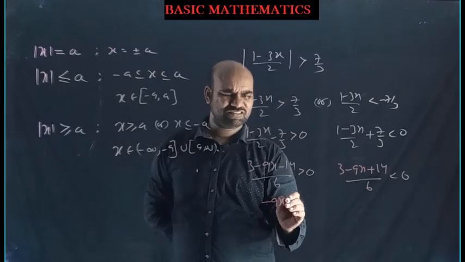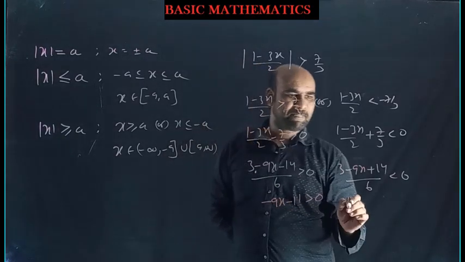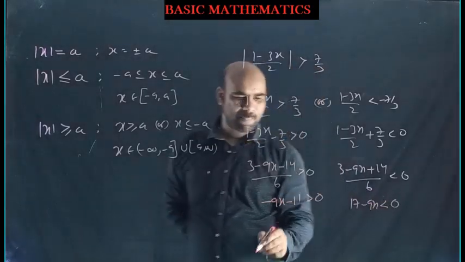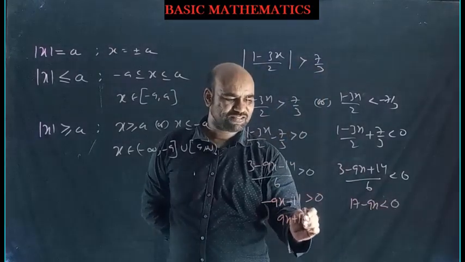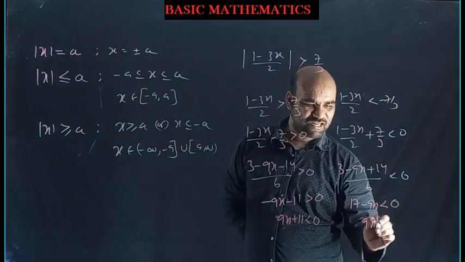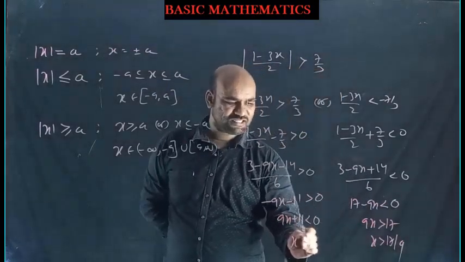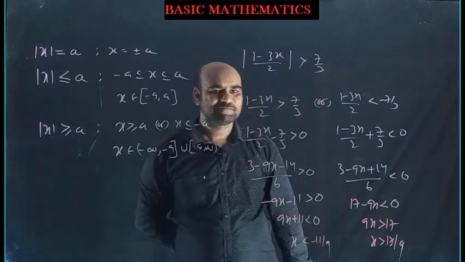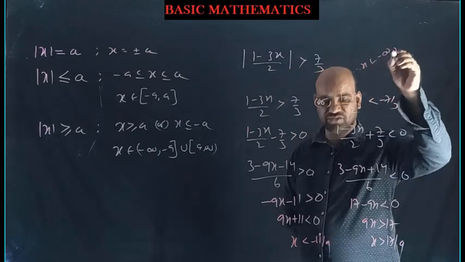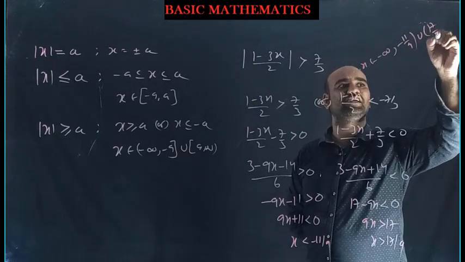Minus 9x minus 11 is greater than 0. 17 minus 9x less than 0 or 9x plus 11 less than 0, or 9x is greater than 17, so x greater than 17 by 9, or x less than minus 11 by 9. So we can write the answer as: therefore x belongs to minus infinity to minus 11 by 9 open interval union 17 by 9 to infinity.